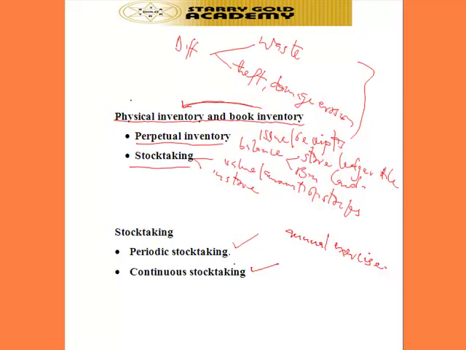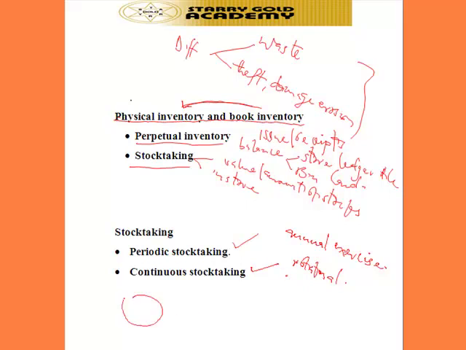Then the second one is continuous stock taking. Continuous stock taking in its own case involves counting and valuing stocks or inventory on a rotational basis. Under periodic stock taking, everything is counted once, but continuous stock taking in its own case is rotational.